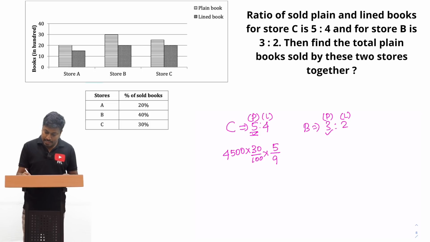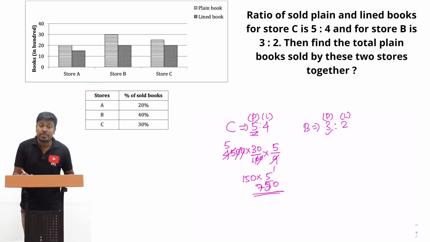Got it? So now we can cancel the zeros. 1 nine is 9, 9 fives are 45. So 750 is the total number of plain books that are sold.